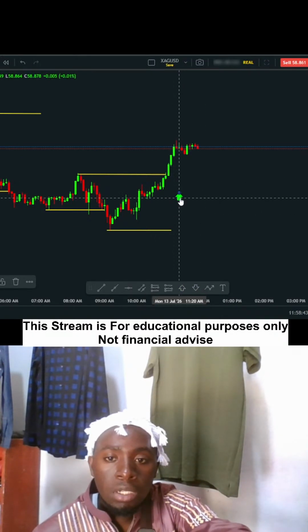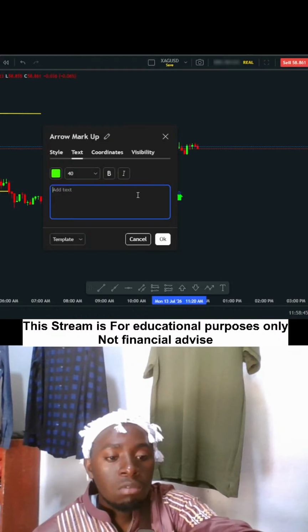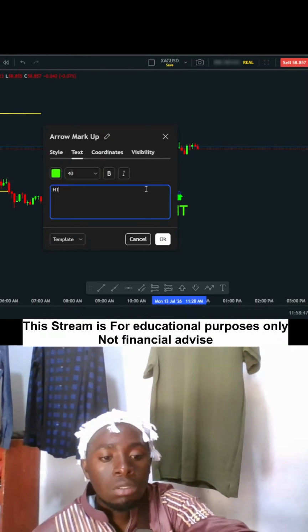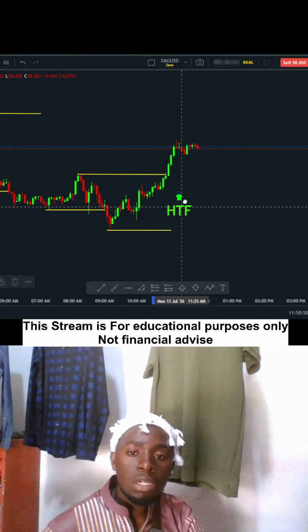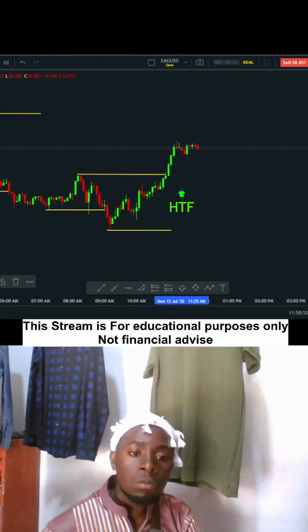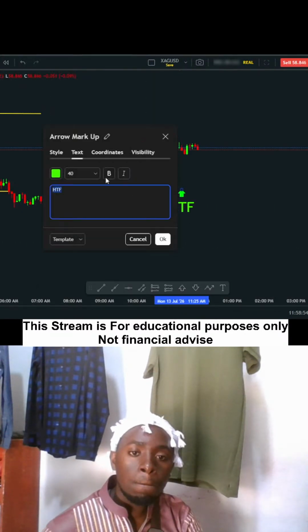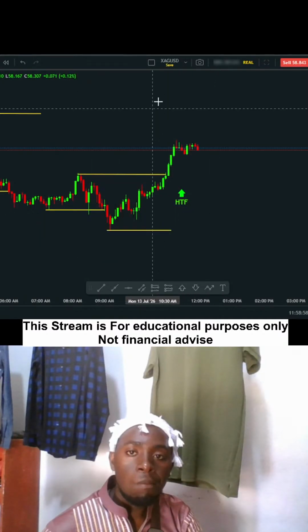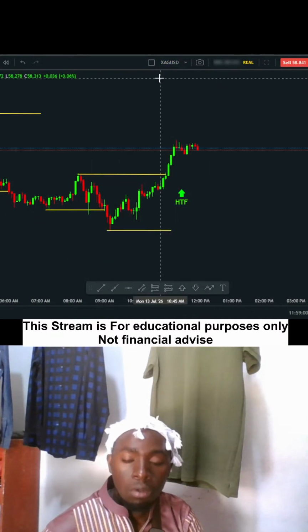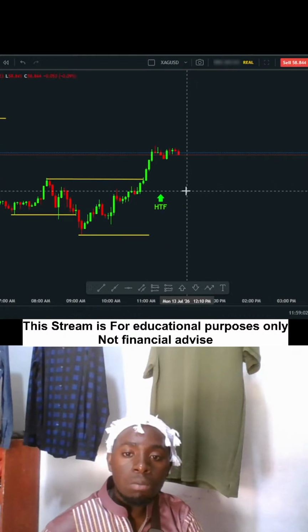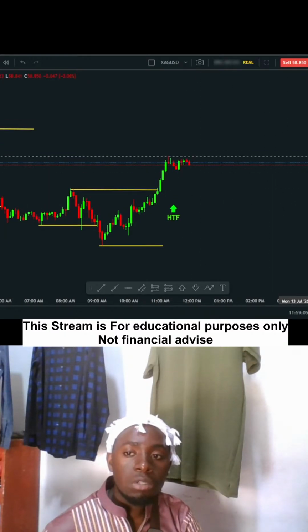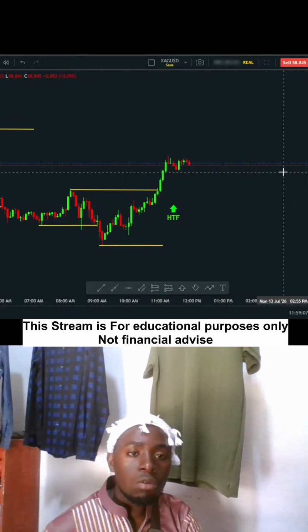So when I checked on the higher time frame, I see there's some kind of a bullish move. But that's for the higher time frame. So it wouldn't be a good idea to be looking for sales when the higher time frame is kind of bullish.